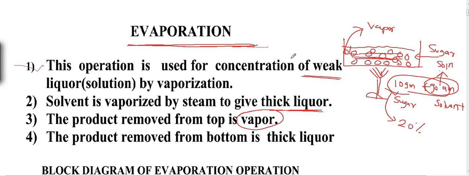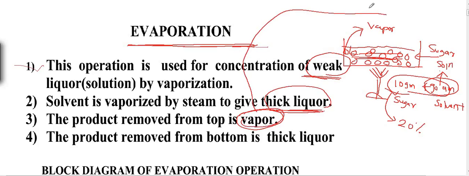So the input to this evaporator is weak liquor, while you get two outputs, one is the thick liquor and the second one is the vapor. You get vapor from the top of the evaporator, while from the bottom you get thick liquor.